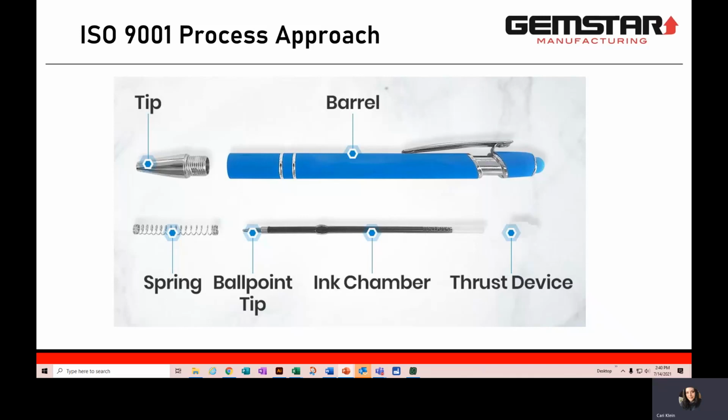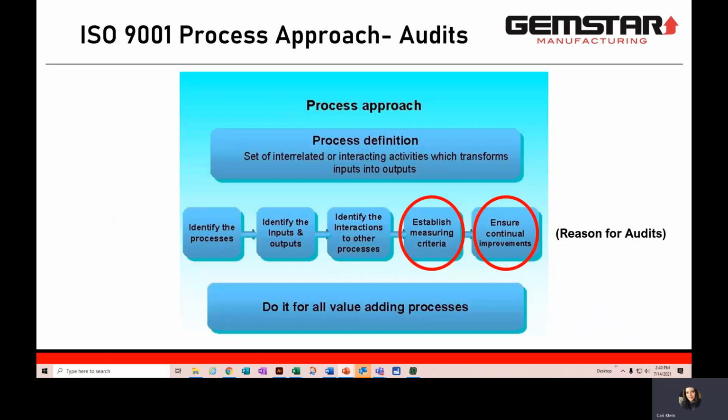Each of these elements has its own function, has its own design, but in and of themselves does not bring much value to the pen as a whole. It's only when it is fully assembled and we view it as a fully functioning unit that we can see that it functions as designed. And the same is true with the process approach. So we can move on and explain a little bit more about that.